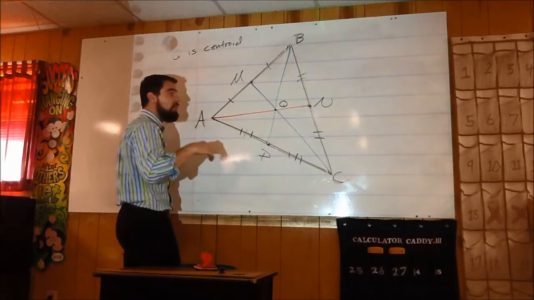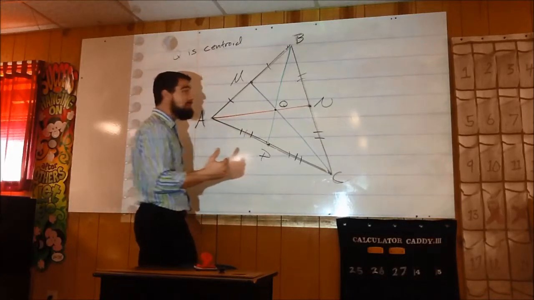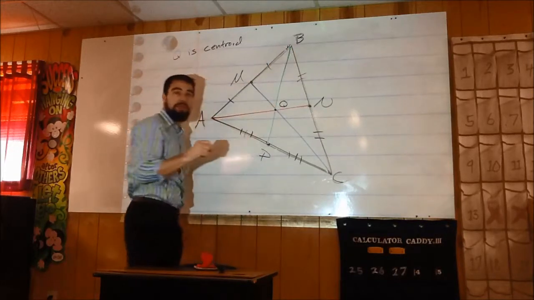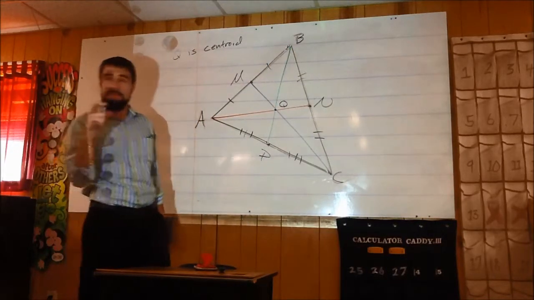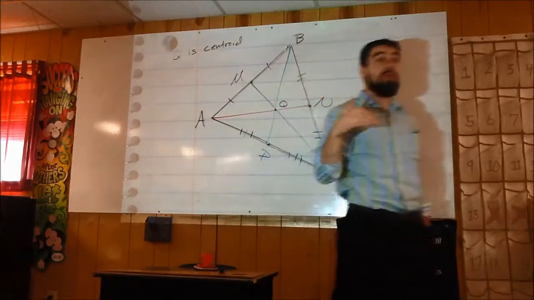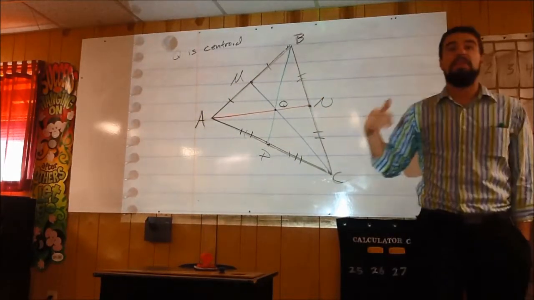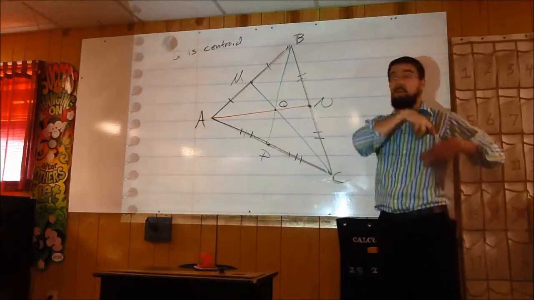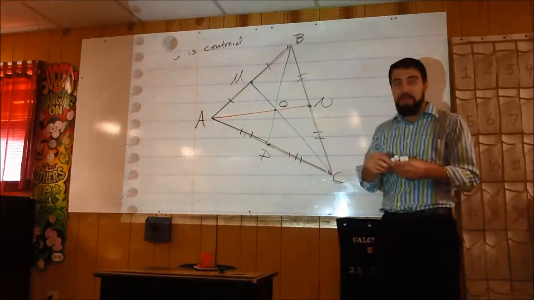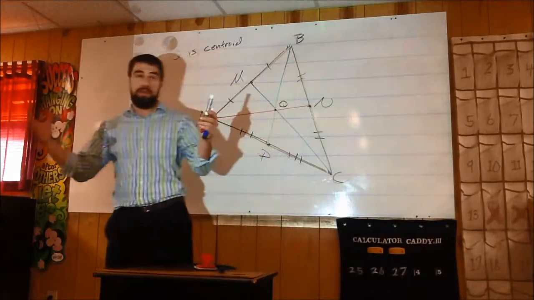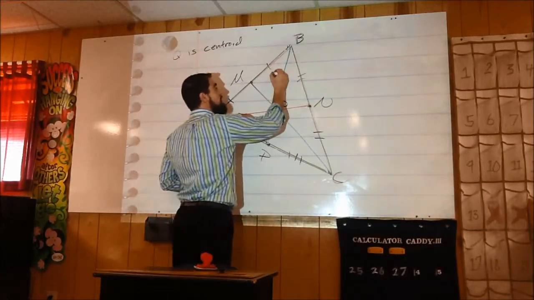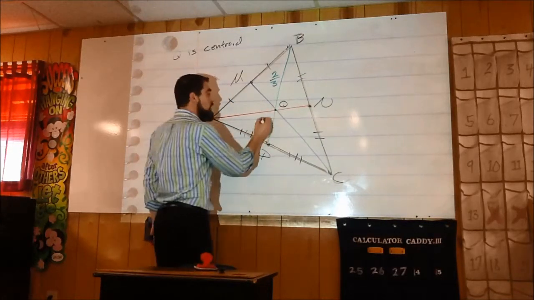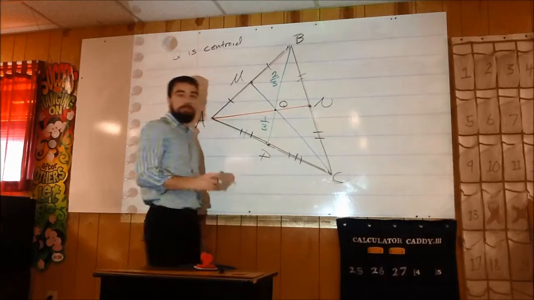The part that will always be larger is the segment that goes from vertex to the centroid. That piece of the median from vertex to centroid will always be longer than the other piece that goes from midpoint to centroid. And the way that it'll always be broken up, I'm talking about the whole thing, the larger piece will always be 2/3 of the whole thing, leaving 1/3 left over.